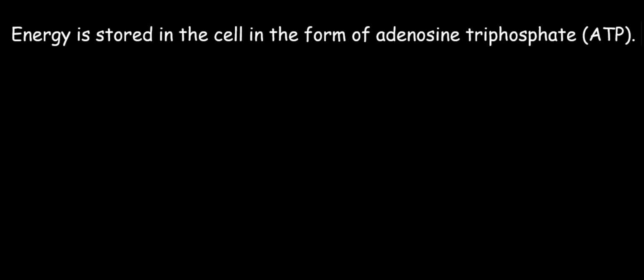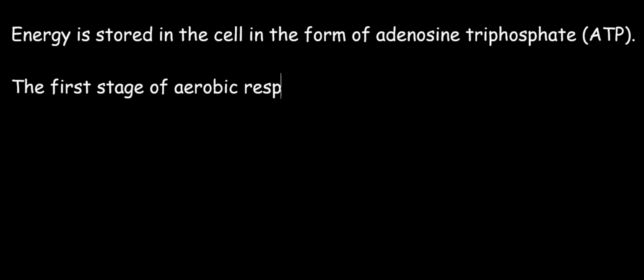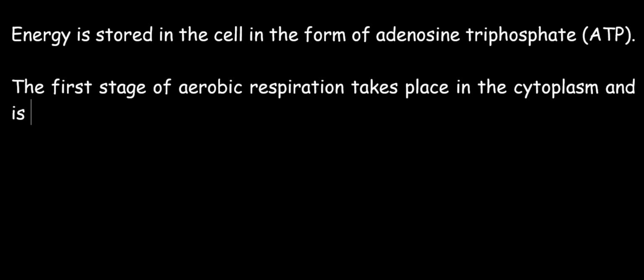So we are going to be looking at the various stages of aerobic respiration. Aerobic respiration has several stages. The first stage of aerobic respiration takes place in the cytoplasm, and this stage is referred to as glycolysis.